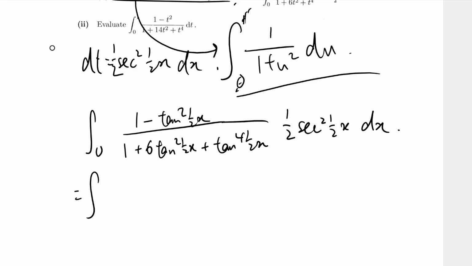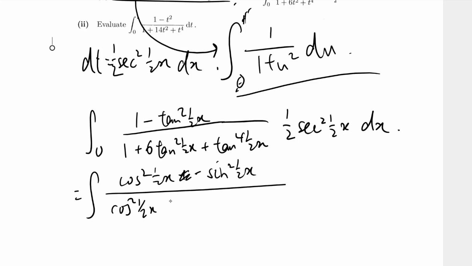So the top becomes cosine squared half x minus sine squared half x, over cosine squared half x plus 6 sine squared half x plus, well, this is slightly annoying, sine to the 4 half x over cosine squared half x.